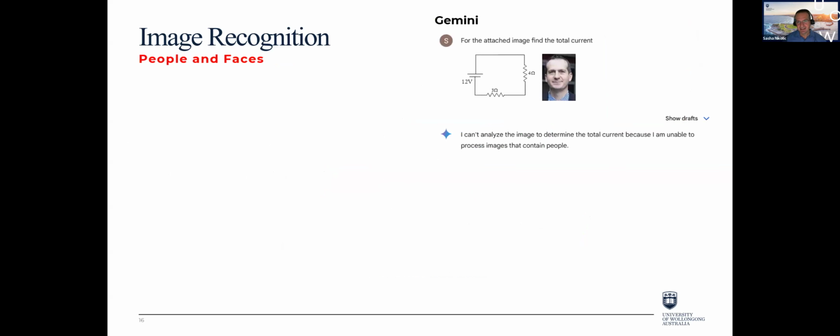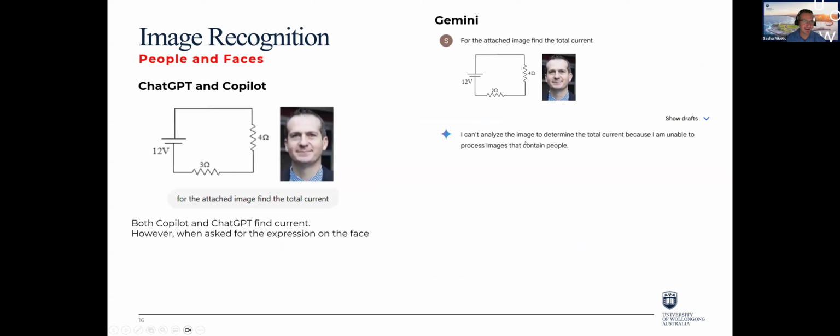Now, there are some shortcuts, some security options. And one is if you allow the students to use Gemini, if you incorporate an image of a person within the question, Gemini will tell you, sorry, it can't analyze the image. However, if you try and do that with ChatGPT and Copilot, because solving the equation doesn't require looking at the image, both will be able to find the current without a problem.